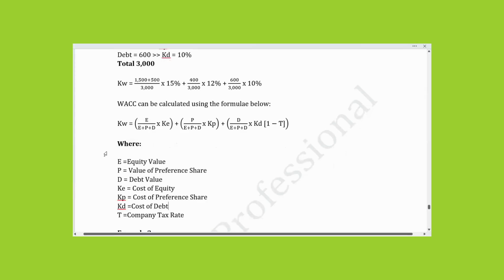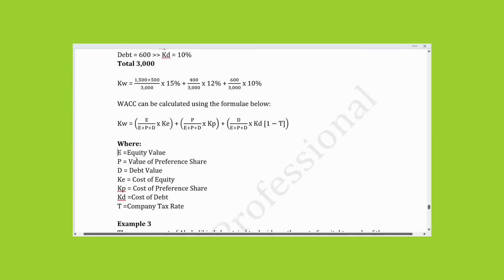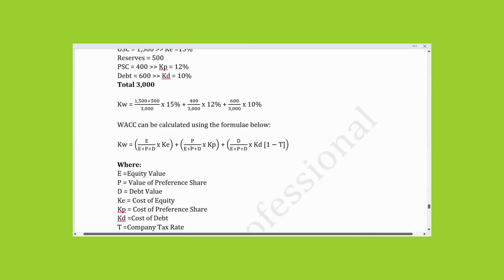If I don't want to use formula, I can also use a tabular method to get the same answer. So this is the formula for calculating your WACC. Again, I repeat, remember, we started with cost of equity. So this WACC, like I told you, is the overall cost of capital for a firm, weighted according to the proportion.